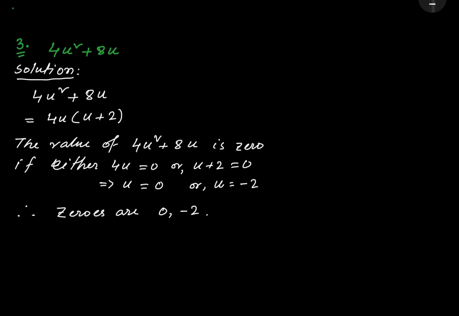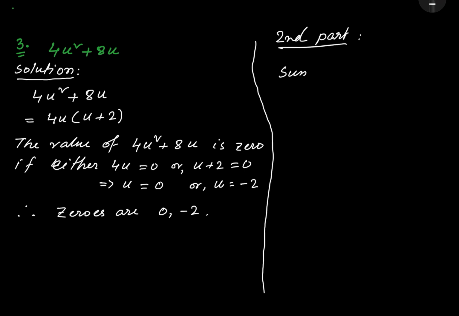Now for the second part, sum of the zeros equals sum of the zeros is what? One zero is 0, another zero is minus 2. So it is minus 2 only.